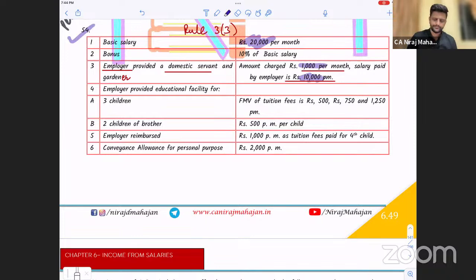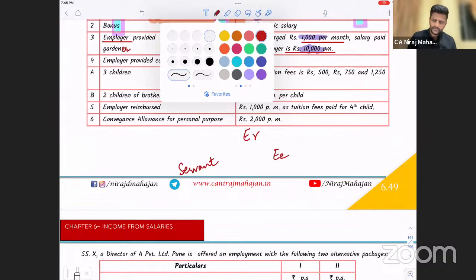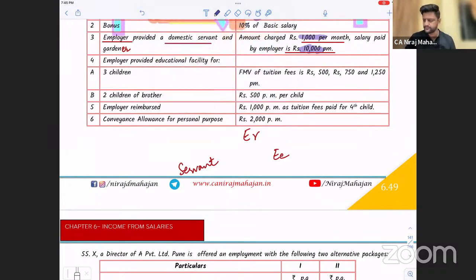Are you getting my point or no? How many people are involved, bacho? 3 people are involved. Employer, employee, and servant, bacho. For the facility of servant, employee pays to employer 1,000 per month.